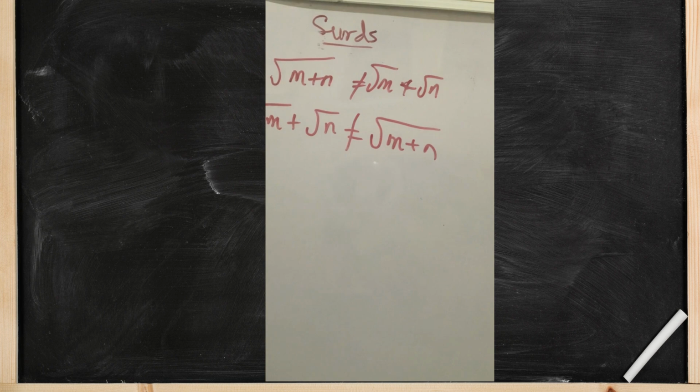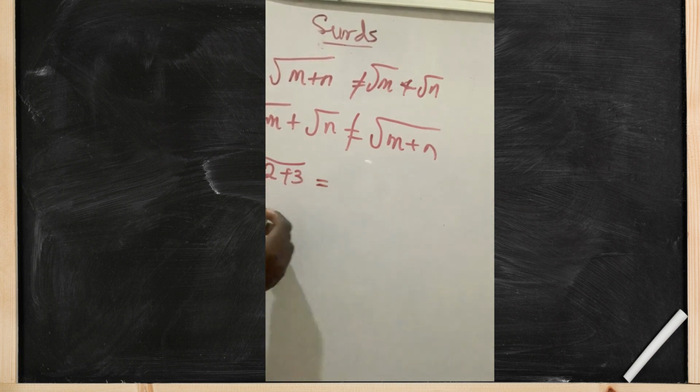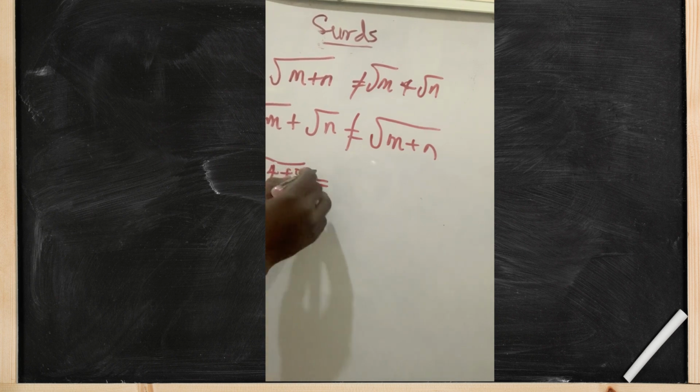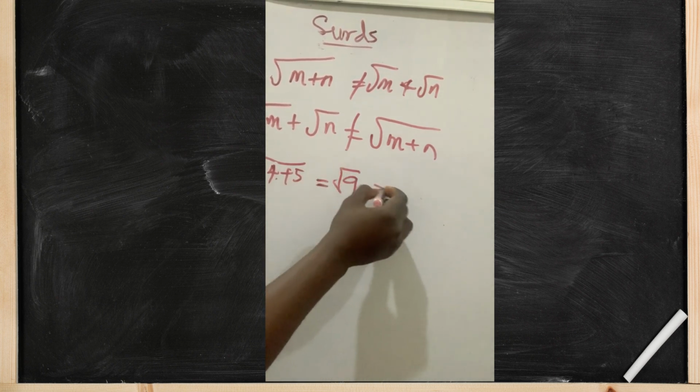Let's quickly do an example of what I've just talked about. 2 plus 3, you can never say, or let's use something that is having a value of 4 plus 5. 4 plus 5 equals 9. Square root of 9 equals 3.